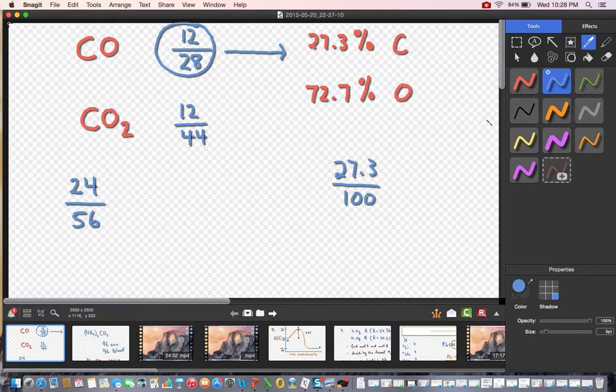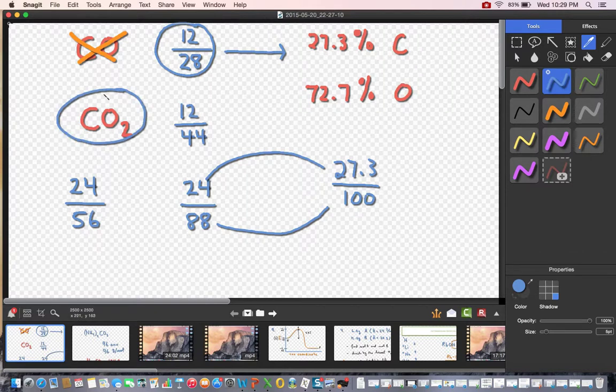So that's not a good answer choice. So we're going to discard CO. Let's try CO2 now, because CO2 would be 24 over 88. Now look at this. The numerators are close. The denominators are close. This is the answer that I would pick without doing any further mathematical calculations.